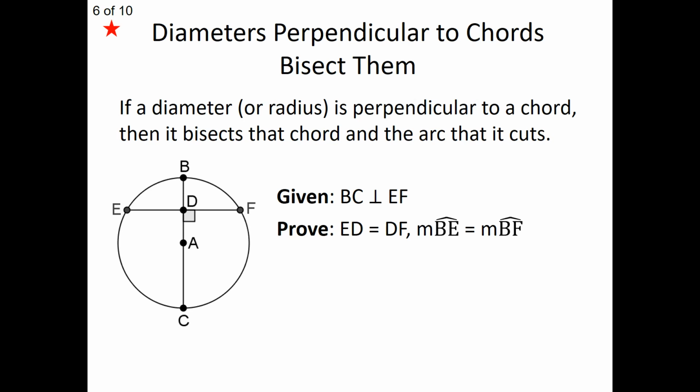The other thing we can prove is that point B is the midpoint of that arc, so the measure of arc EB will equal the measure of arc BF. We can prove them very quickly, actually. We're going to prove ED equals DF first, and then right after that, we'll grab the fact that the measure of arc BE and the measure of arc BF are equal as well.